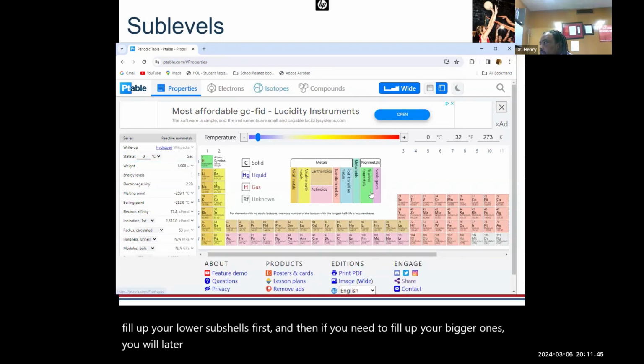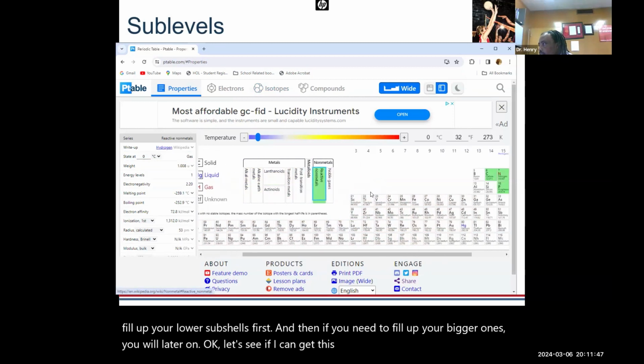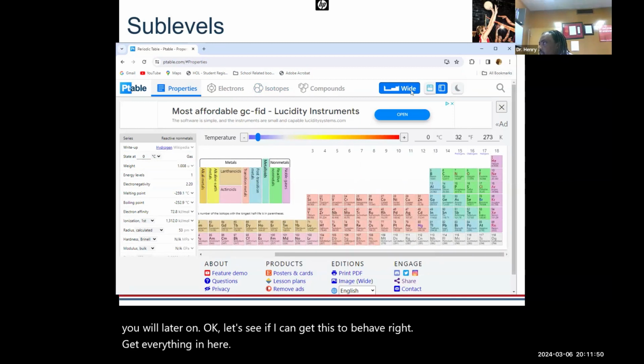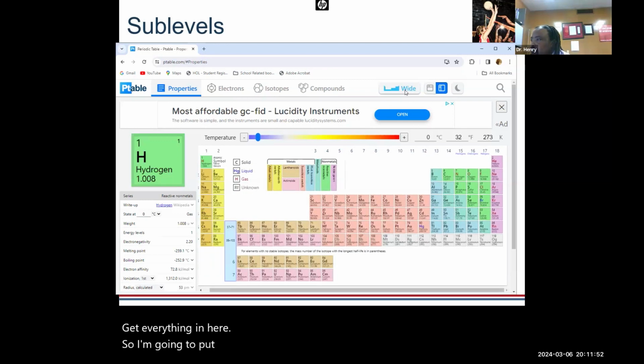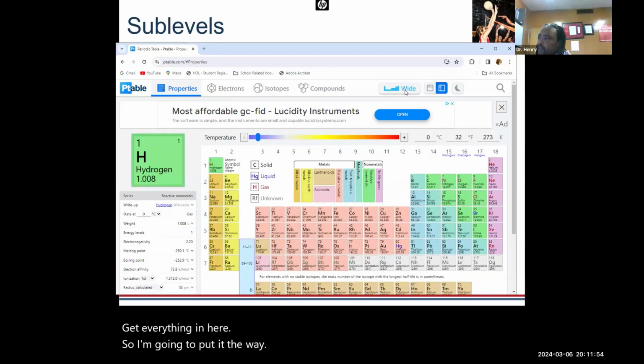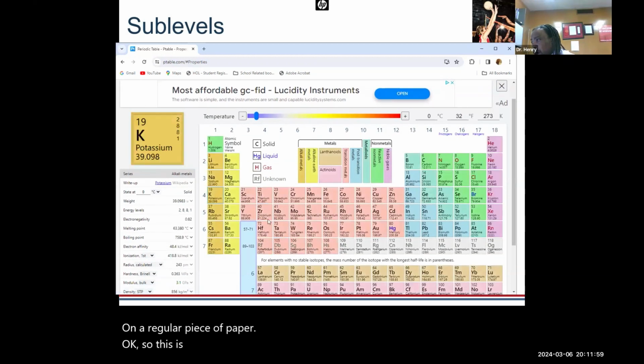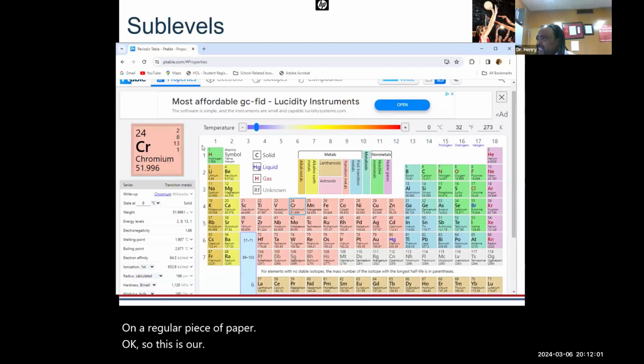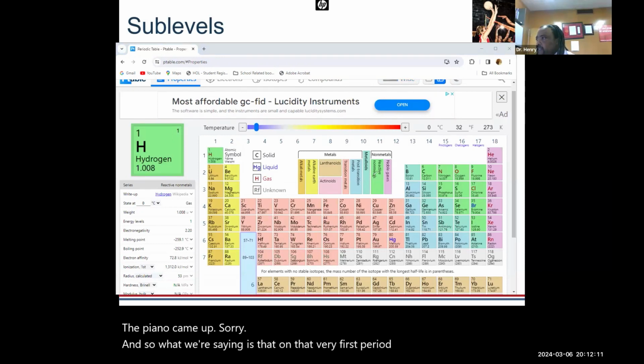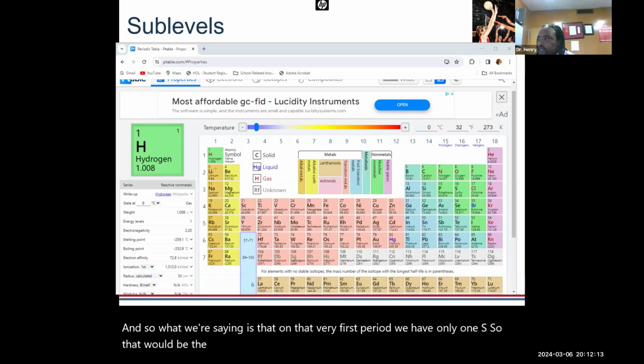Okay, let's see if I can get everything in here. So I'm going to put it the way it normally is on a regular piece of paper. Okay, so this is the periodic table. Sorry. And so what we're saying is that on that very first period, we have only one S. So that would be the 1s energy level. This here would be the 2s, then this would be the 2p over here.